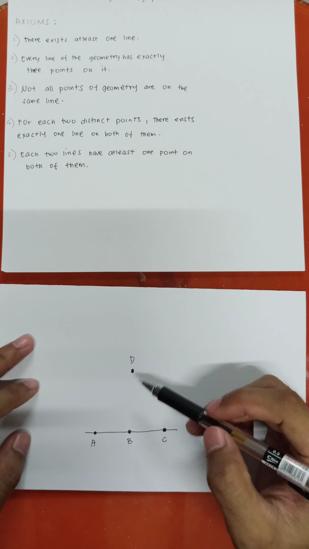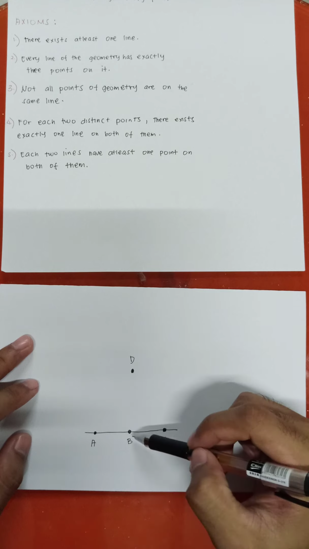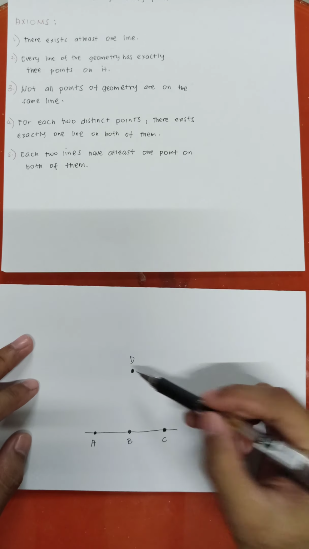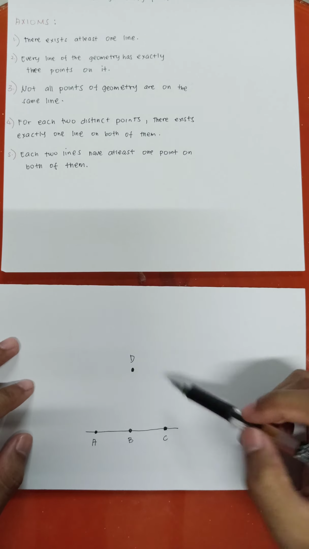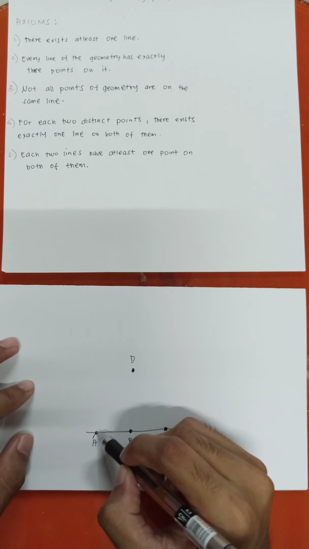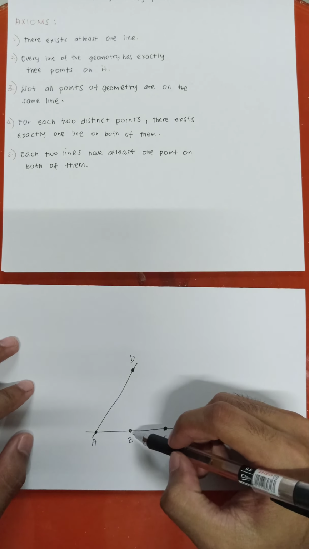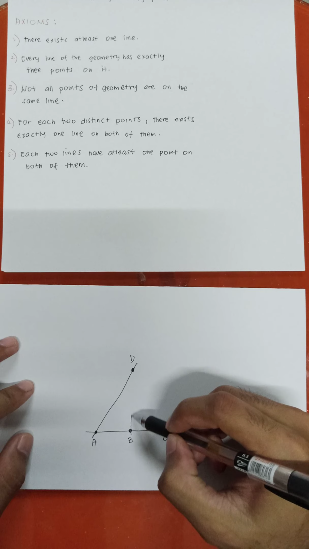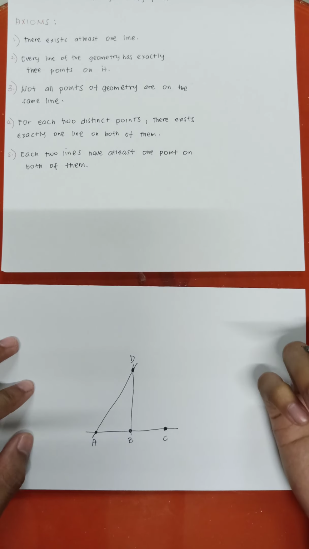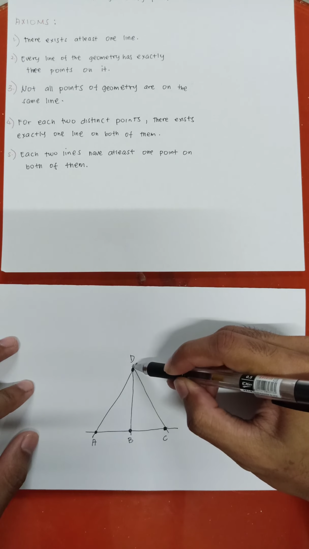We must connect point A and point D, point B and point D, point C and point D. So first, point A and point D, then point B and point D, then point C and point D.